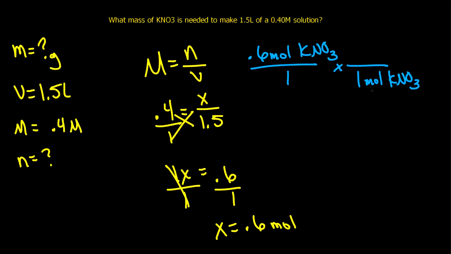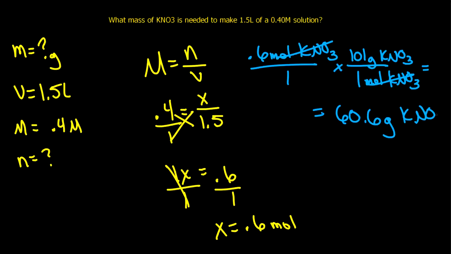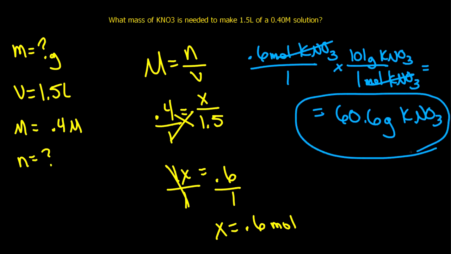So 1 mole is 101 grams of KNO3. So moles of KNO3 cancel. Now we can just solve out our easy math. 0.6 times 101 tells me we're going to need a mass of 60.6 grams of KNO3. There is that answer.